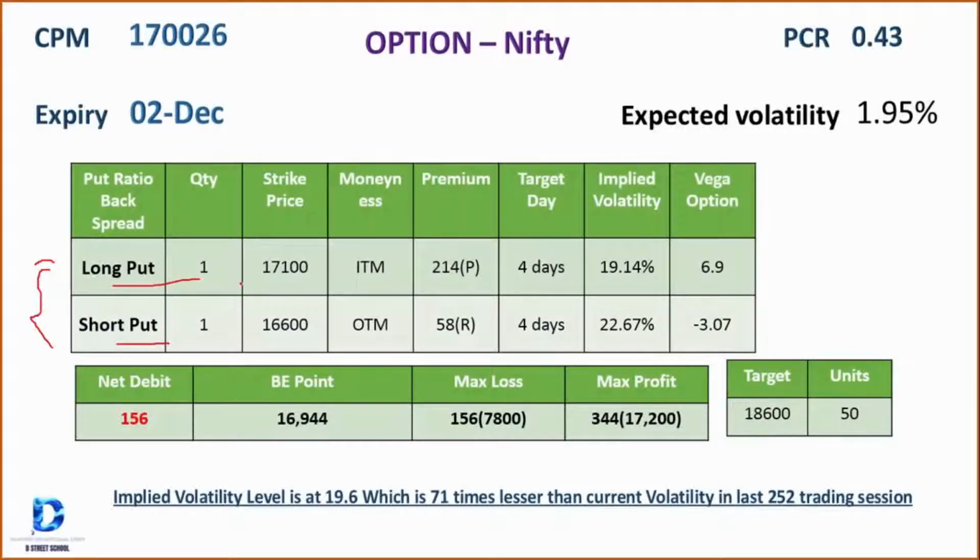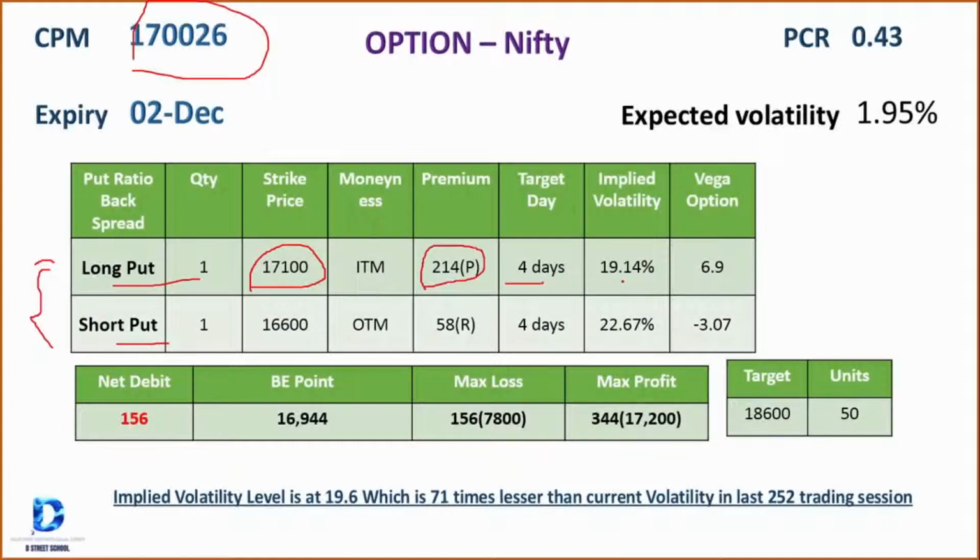One is in the money, since the market is at 17,026. So I opt for the strike price 17,100, which is in the money. The premium which we have to pay is 214 rupees per unit. The target is 4 days.